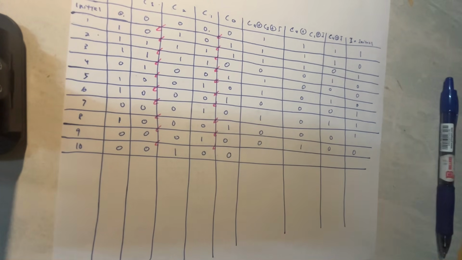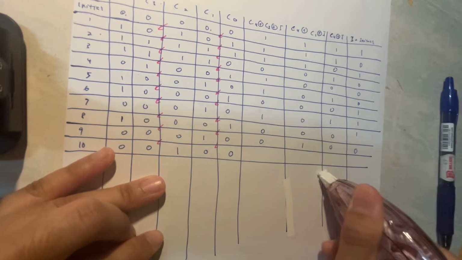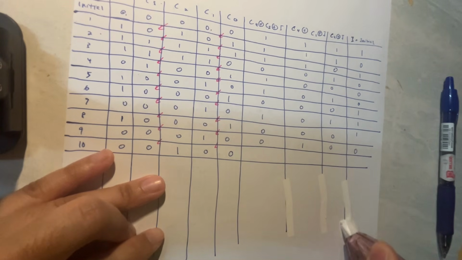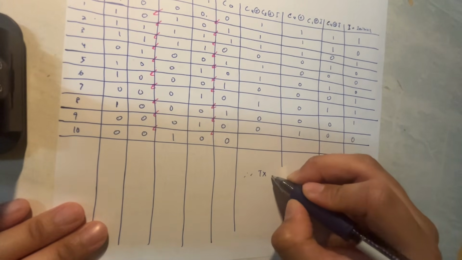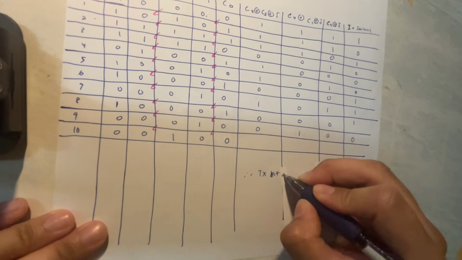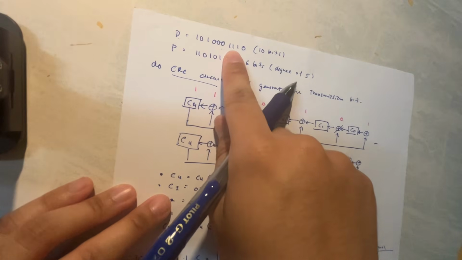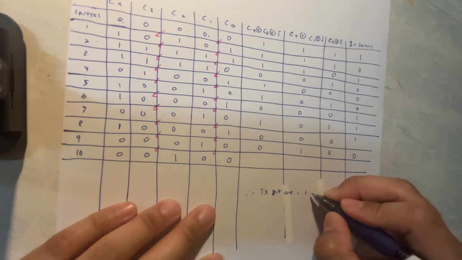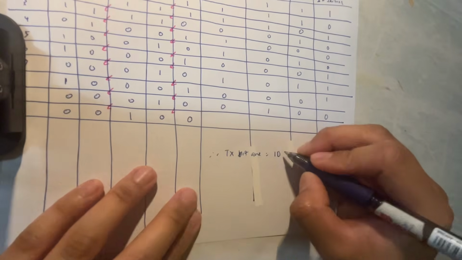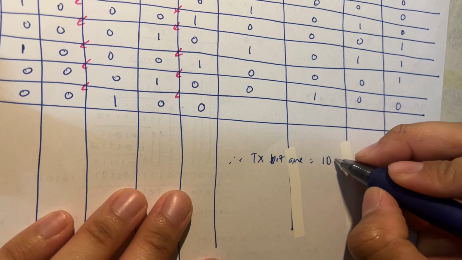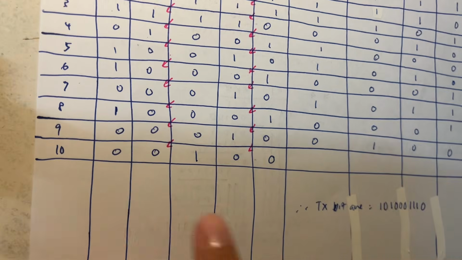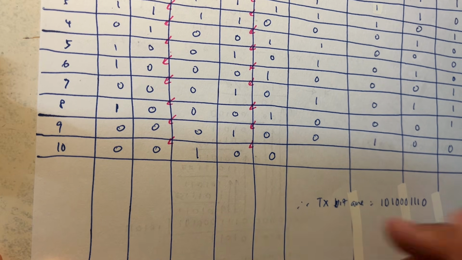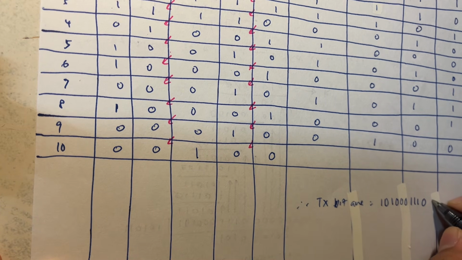So basically, what you're gonna say is that the transmitted bits are from the original data 1, 0, 1, 0, 0, 0, 1, 1, 1, 0, and then you'll just add the last bits here, 1, 2, 3, 4, 5: 0, 0, 1, 0, 0.